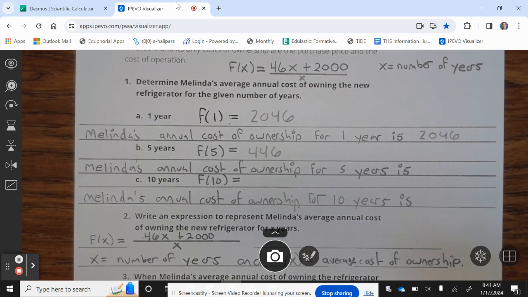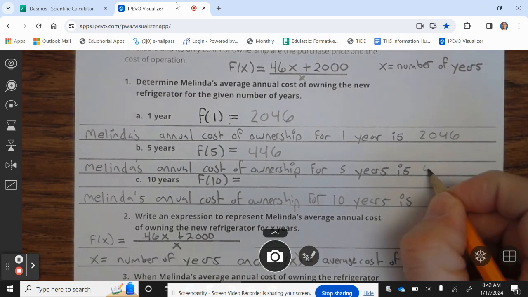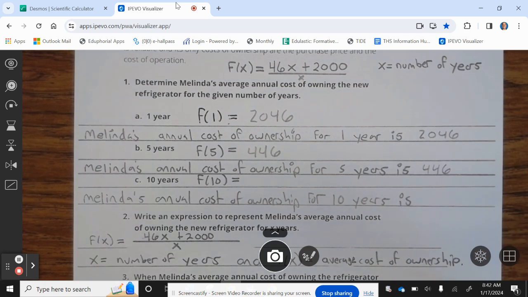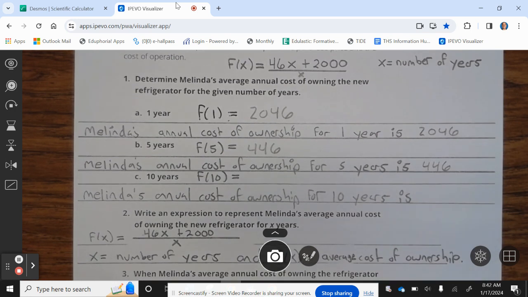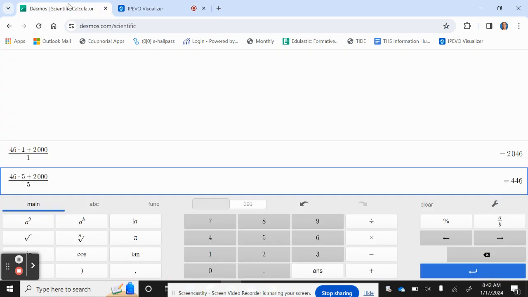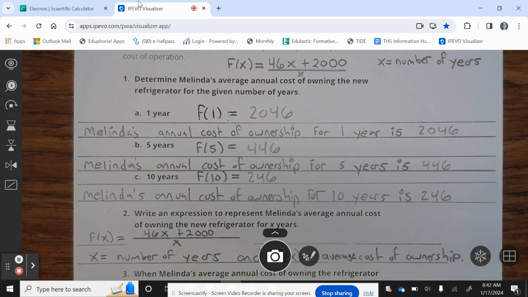So Melinda's annual cost of ownership for 5 years is 446. Okay, and now for 10 years. Melinda's annual cost of ownership for 10 years is $246.